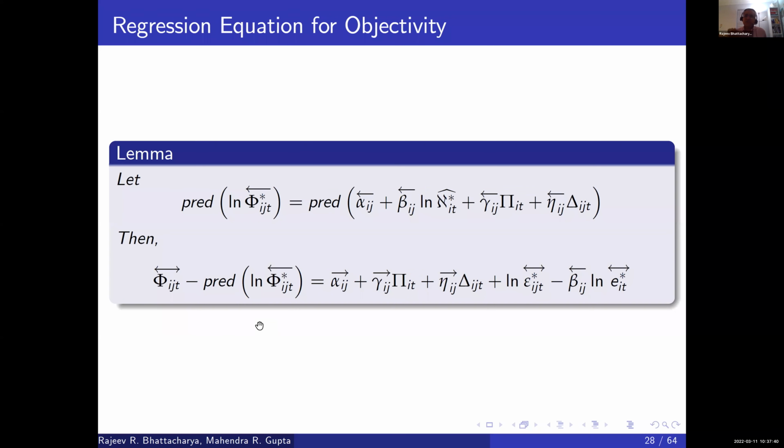The regression equation for objectivity, as you would expect, is relatively more straightforward. You take the prediction of the best estimate under the diligence hypothesis of analyst firm J's best estimate about studied firm I's actual earnings in quarter T. That's the phi ijt star left arrow, which we never observe, but the predicted value we are able to measure from the previous regression.